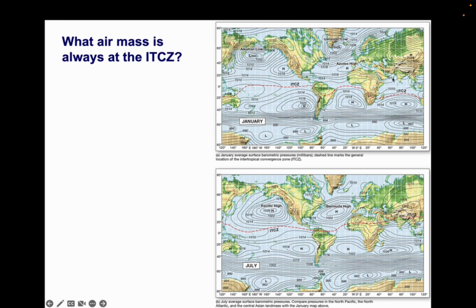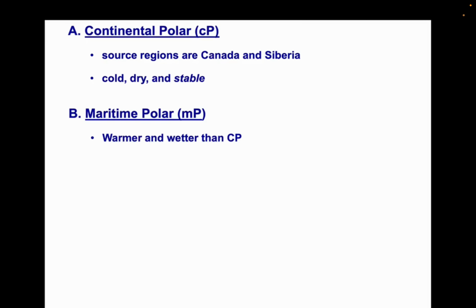Well, maritime tropical air masses are very, very dominant because it's hot and we're not very far away from the ocean. So there is a lot of abundant moisture. The temperature is very warm, and then there is also abundant moisture, enough to qualify it as a maritime tropical air mass, right?